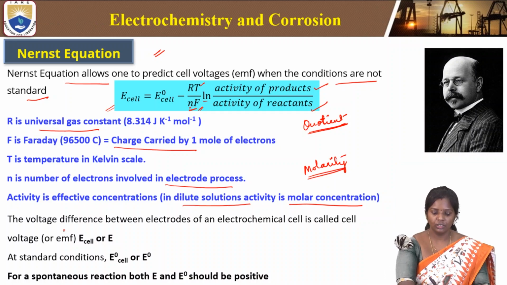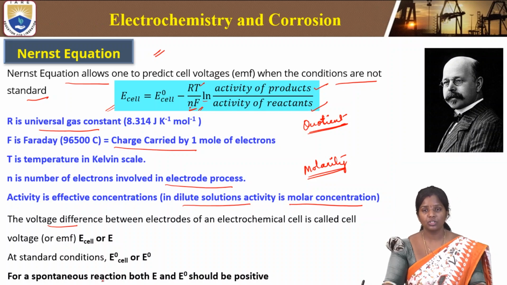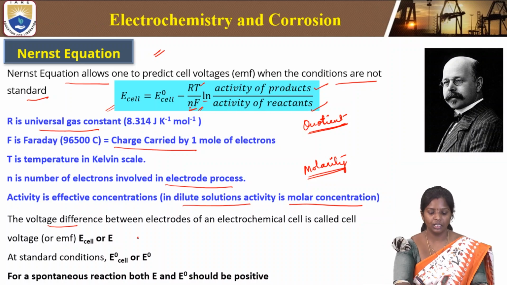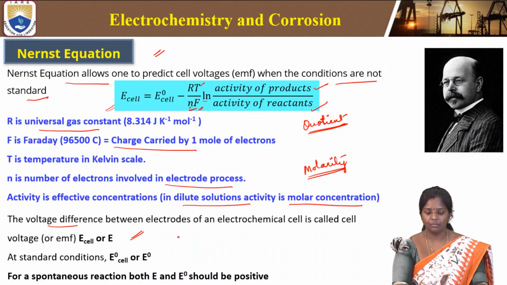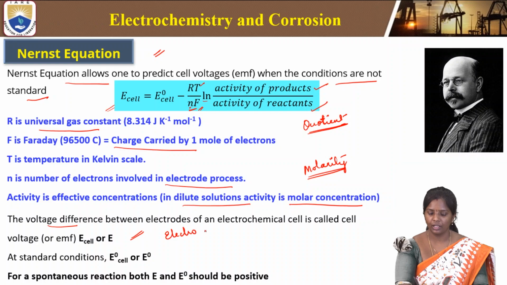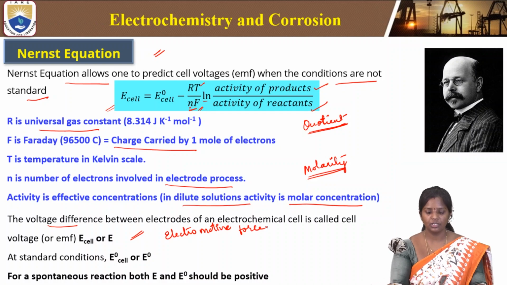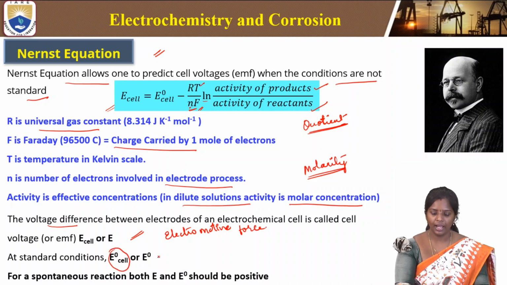The voltage difference between the electrodes of an electrochemical cell is the cell voltage, E cell or E, which is nothing but the electromotive force, EMF. At standard conditions, it is E naught cell or E naught.